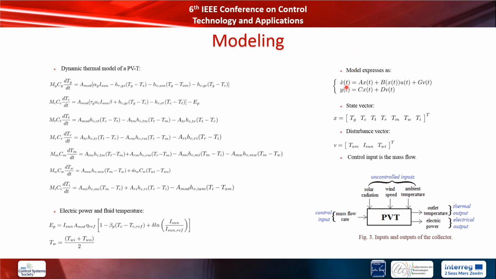The thermal model can then be expressed in state space form, where state X contains the state variables, output Y is the water outlet temperature, mass flow is defined as the control input, and V contains the disturbances: solar radiation, ambient temperature, and water inlet temperature.